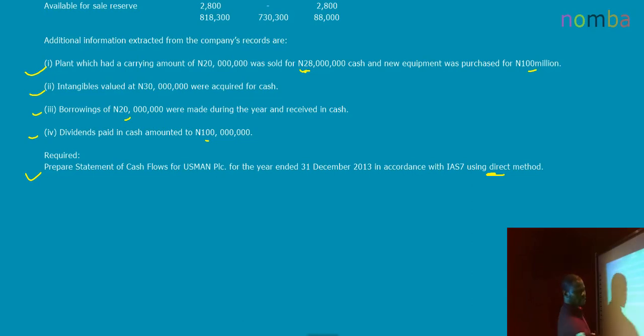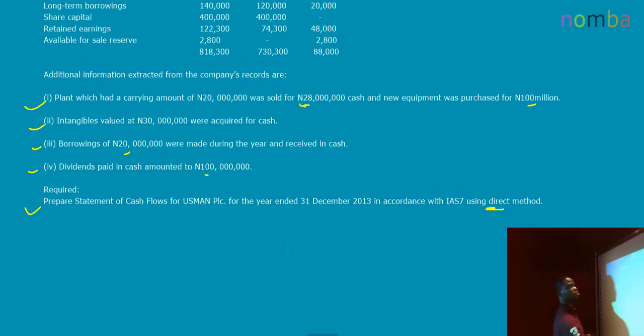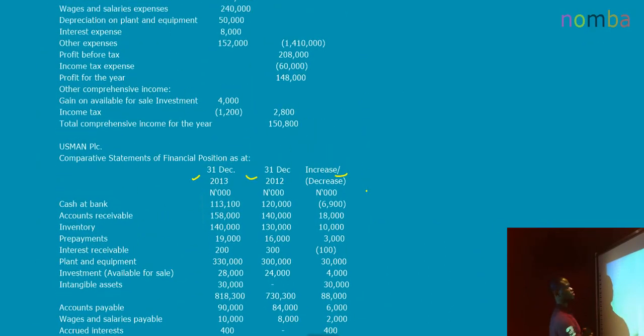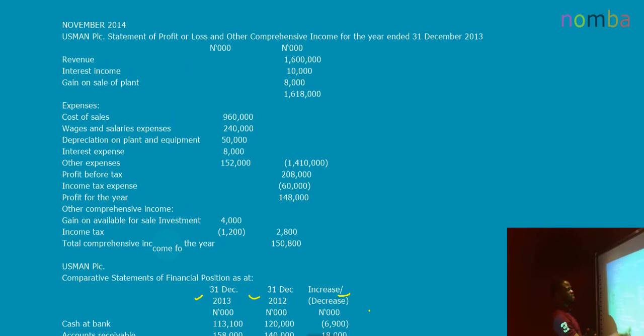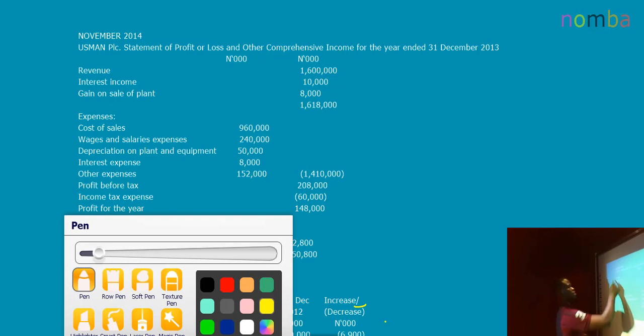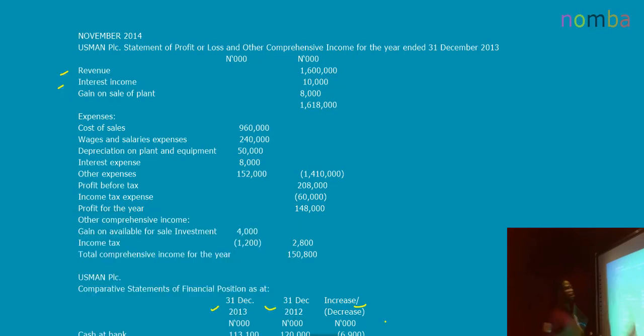When you are preparing a statement of cash flows using the direct method, with the statement of financial position and the statement of profit or loss given to you, you have to pick each item within the statement of profit or loss, item by item, and check each of those items for non-cash items.